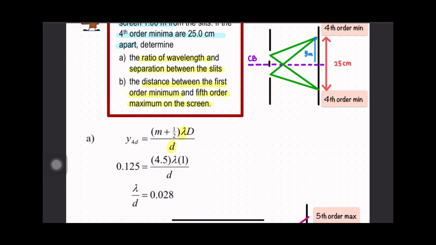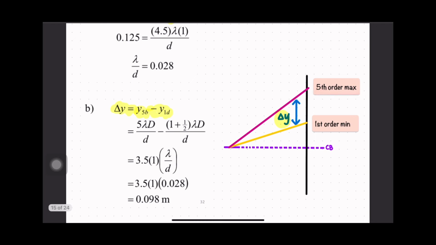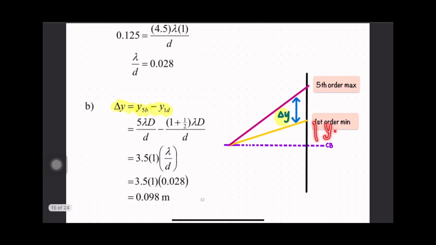Okay, next for B. Ni bersyarat the distance between the first order minimum and the fifth order maximum on the screen. So dia nak jarak antara fifth order maximum dengan first order minimum. Yang ini adalah first order minimum, iaitu Y1 dark.